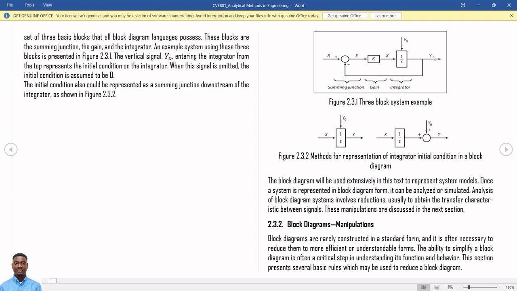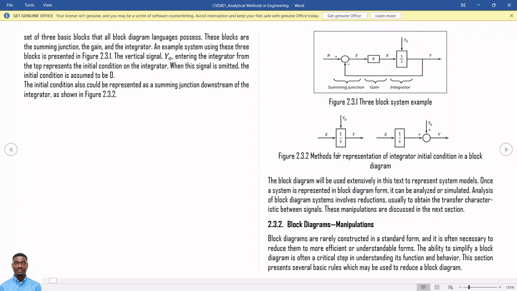So your Y capital here is the output, while your R is your input. This also is a system on its own, and it's a single input, single output system, because only R is the input here and Y here is the output, when your Y naught is the initial condition for this integrator block.